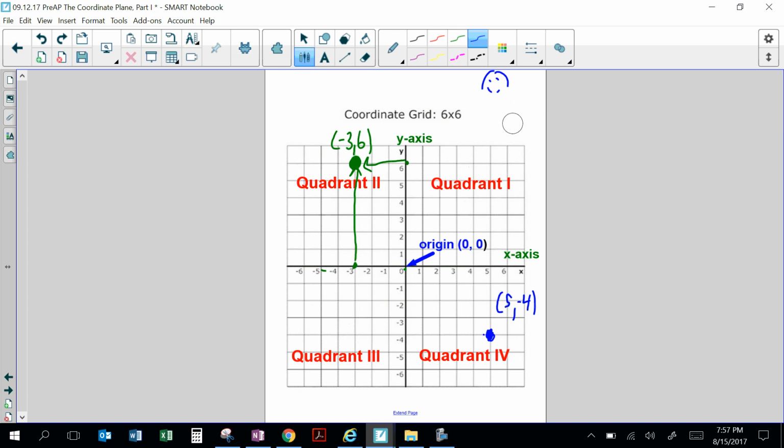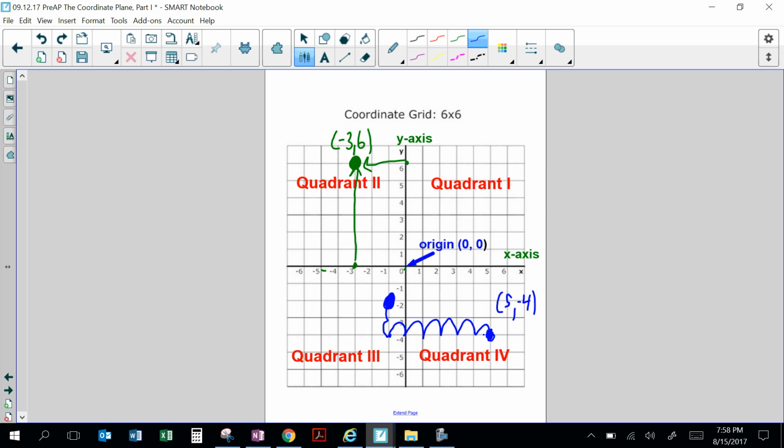This almost felt like a kindergarten or first grade lesson. So I would like this person to move 6 units to the left. 1 unit, 2 units, 3 units, 4 units, 5 units, 6 units. And then I would like you to move 2 units up. 1, 2. And it's right here.